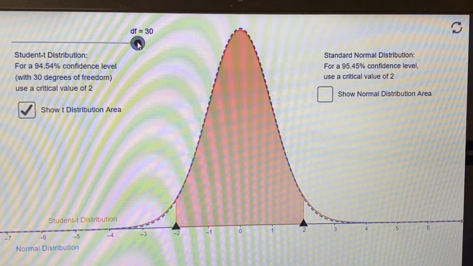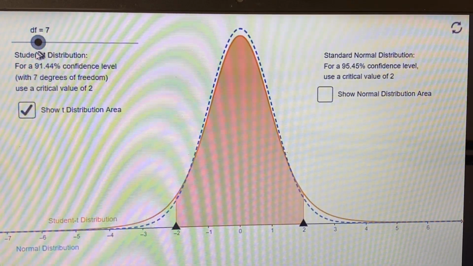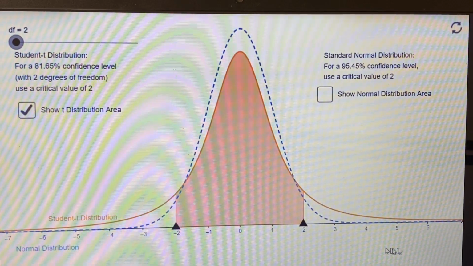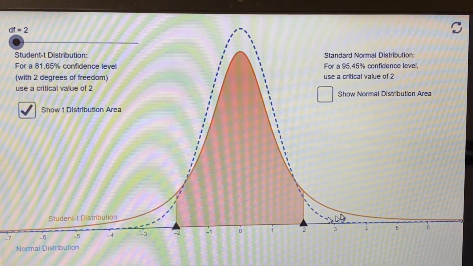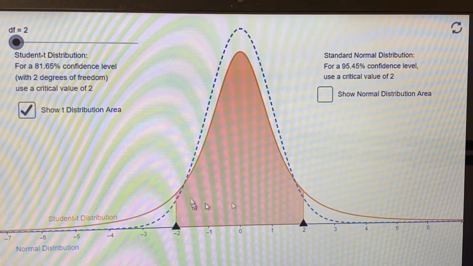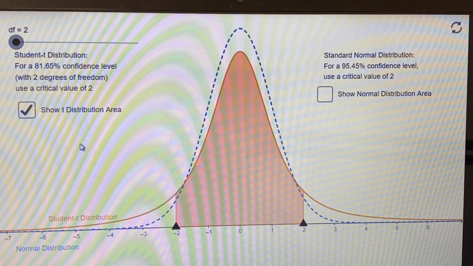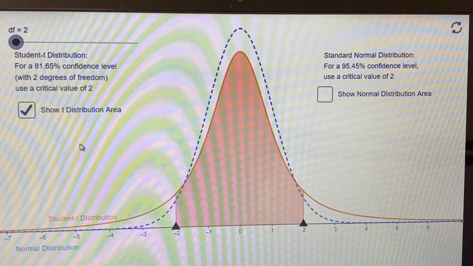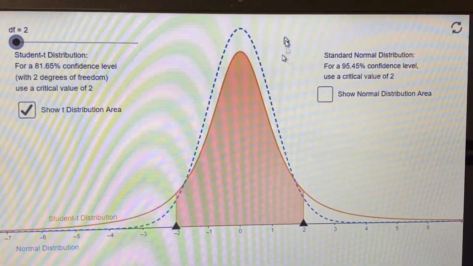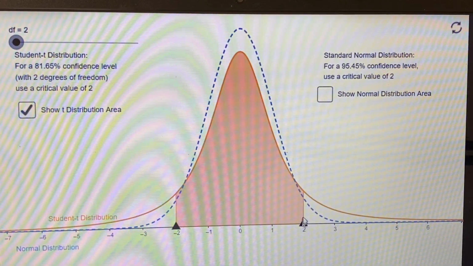Again, if my sample size gets smaller, my curve is starting to widen out a little bit. So I have to go farther out to capture 95%. So the T multiplier is going to not only depend on the sample size because the curve is changing, but it's also, just like before, going to depend on the confidence level.